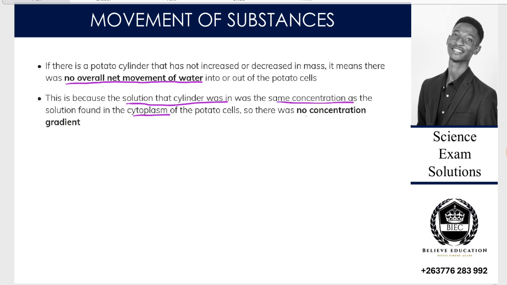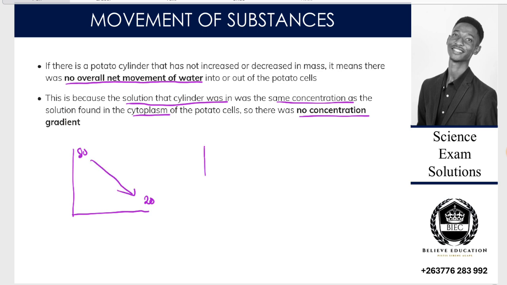So there was no concentration gradient. Remember when we talked about concentration gradient, we said it is created when there is a difference in concentrations. Say here the concentration is 80 and here it is 20, we have a what? Gradient.